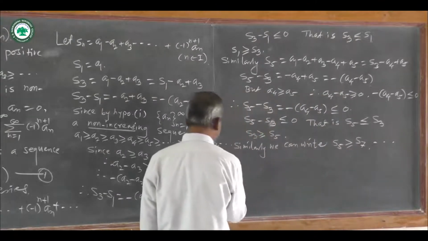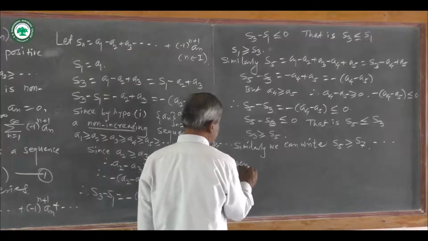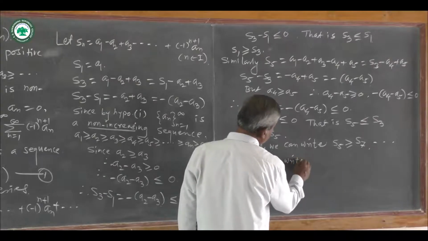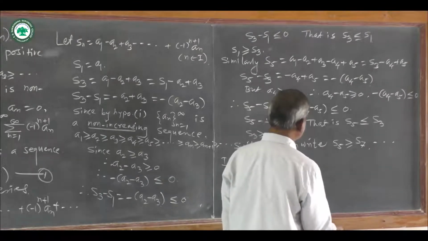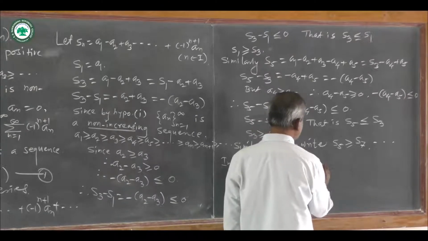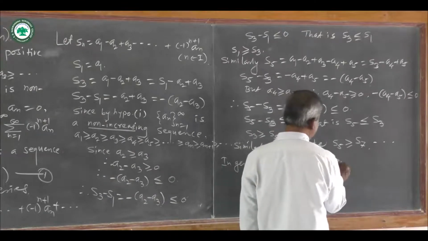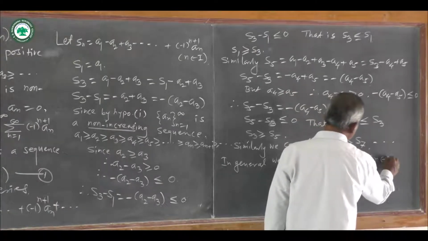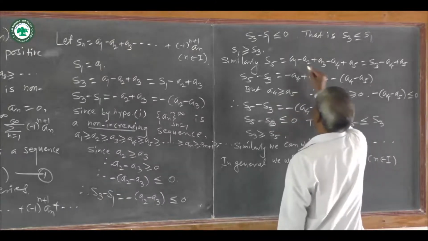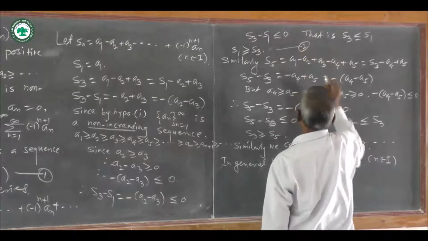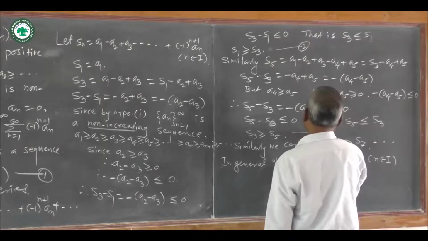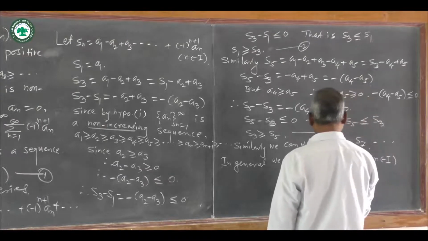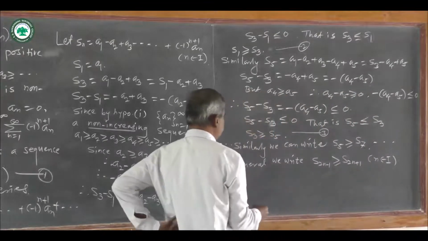In general, we write S suffix 2n minus 1 is greater than or equal to S suffix 2n plus 1 for every n belongs to I. And so on.